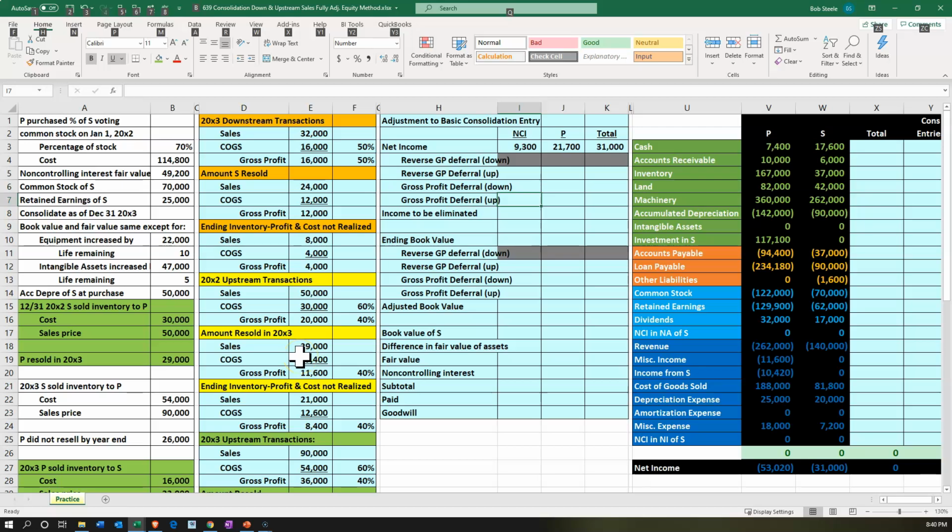So normally we would take the amount that would be on the ending inventory of the prior year, because the assumption would be that we sold it in the current year. But in this case, that's not the case, because we didn't sell it all in the current year. So we're going to pick up the amount that was resold that we need to reverse in the current year, which is going to be this 11.6. So that's going to be the thing that's different here.